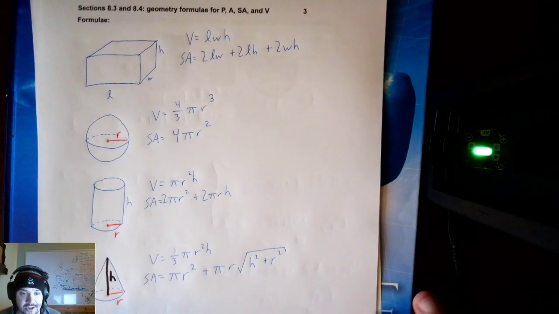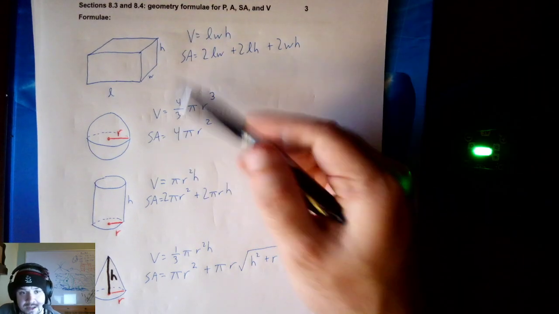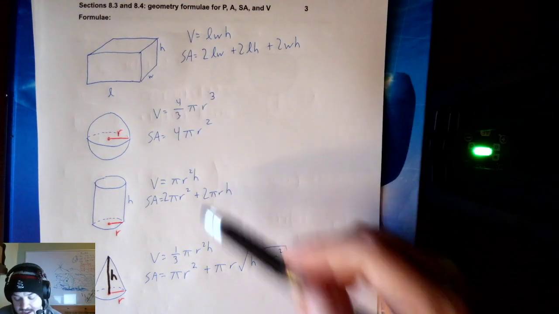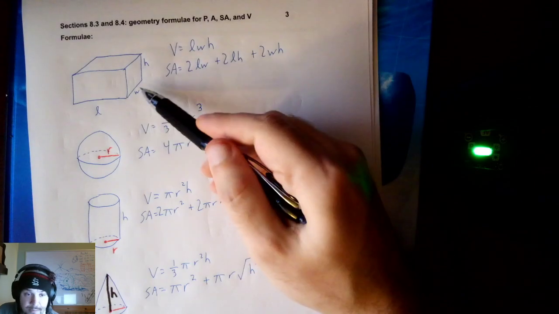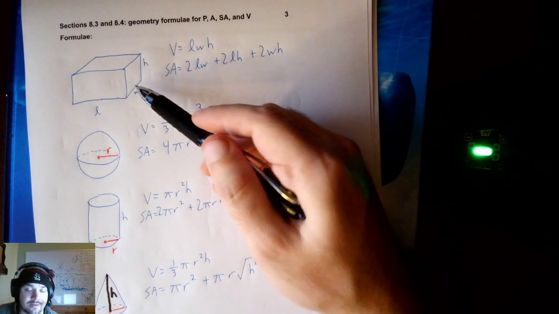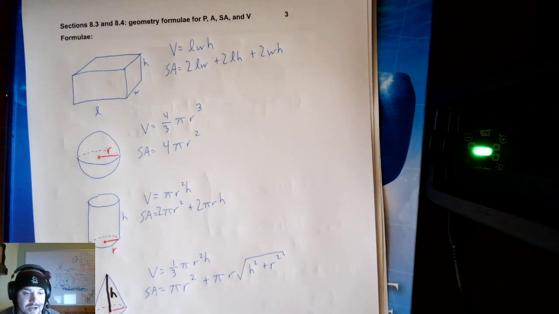Notice the shapes have a wide range of formulaic difficulty, right? The box and the sphere, not so bad. The cylinder and the cone get a little trickier, right? And that is going to make sense. Think about a pretty easy shape to construct. If you're trying to build a box, all 90 degrees, you make sure opposite sides are the same length.